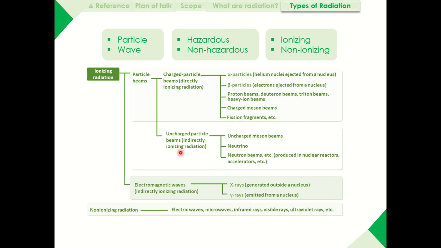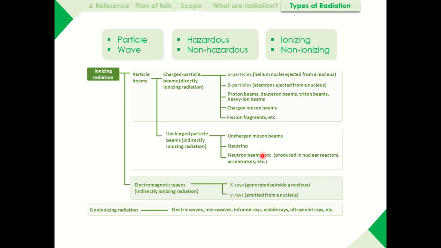Then we have uncharged particle beams, which are indirectly ionizing radiation, like uncharged meson beams. Neutrinos are there, which are low-interacting particles.